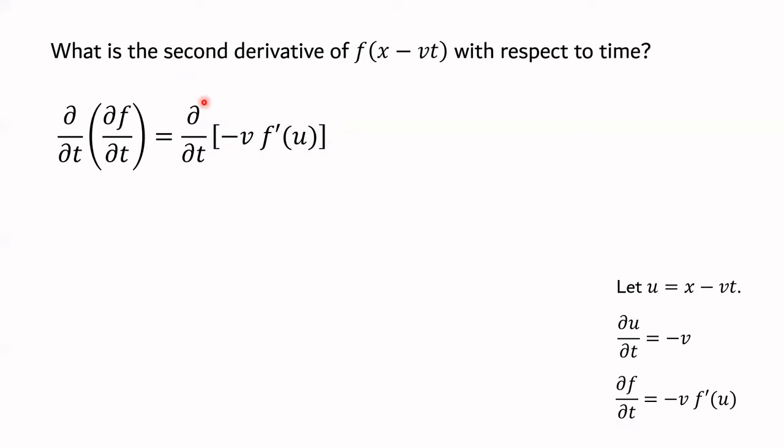So we will invoke the chain rule again. If we want the derivative with respect to t, let's first ask, how does all of this stuff change with respect to u, and then multiply by the derivative of u with respect to t. It's like we're getting at t through the intermediary of u. If t changes, then u changes, and if u changes, this whole quantity changes, and that's what we're interested in.